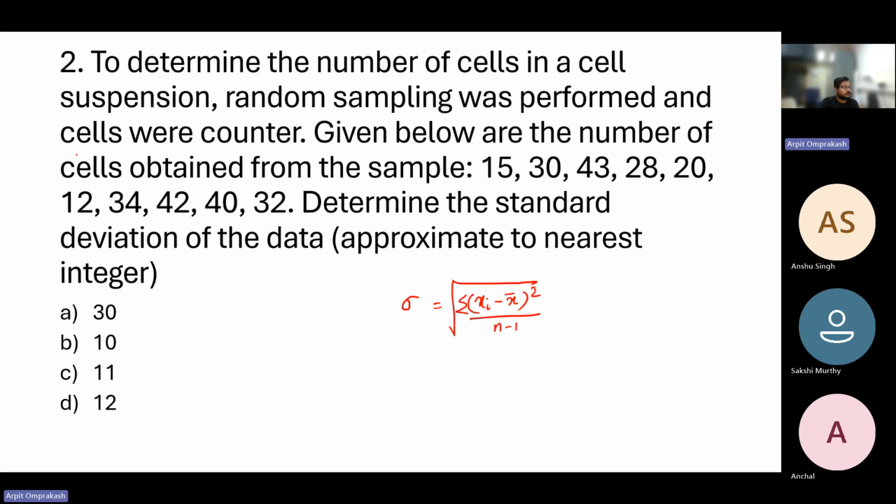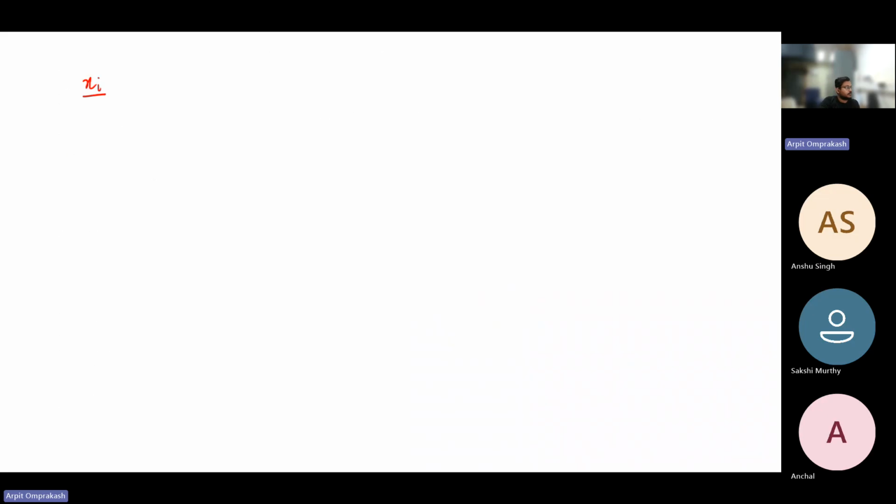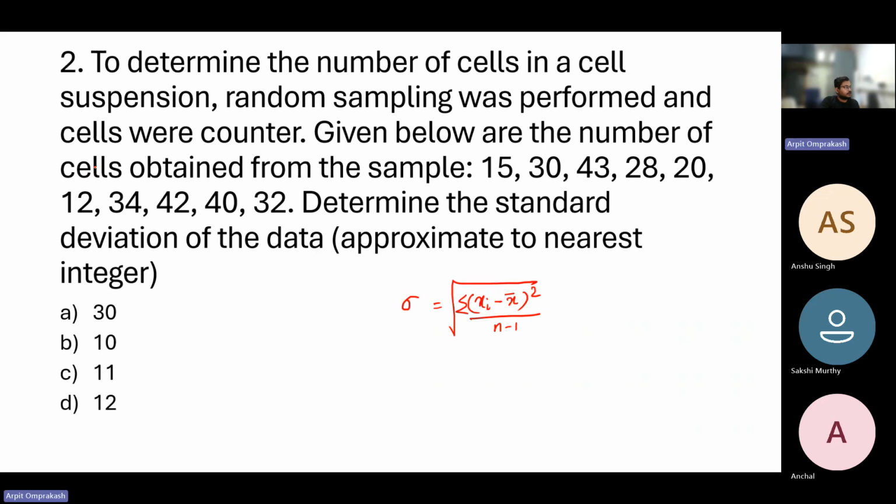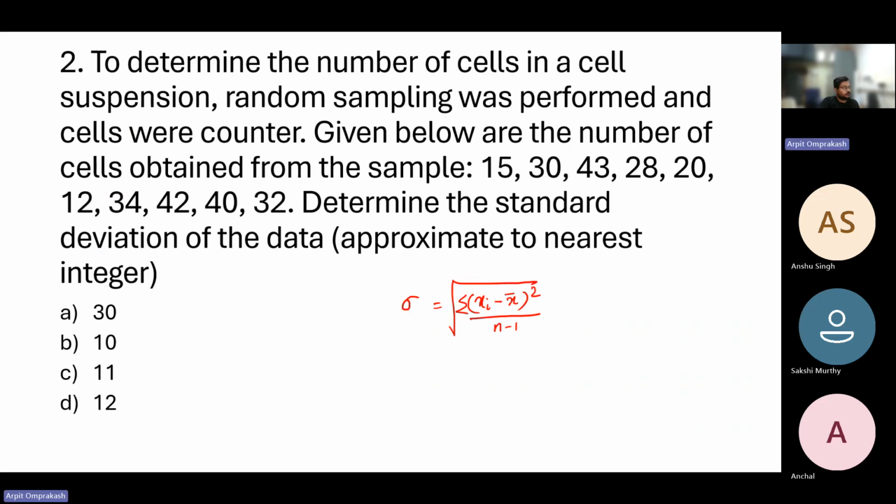For example, we can make a table by first putting the values of xi. So 15, 30, 40, 30, 28, 25, 34, 42.